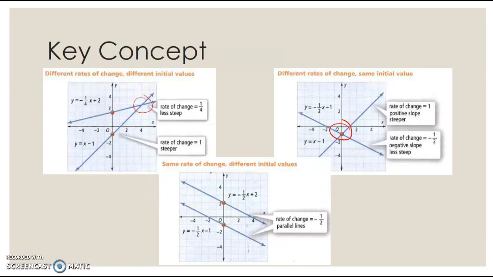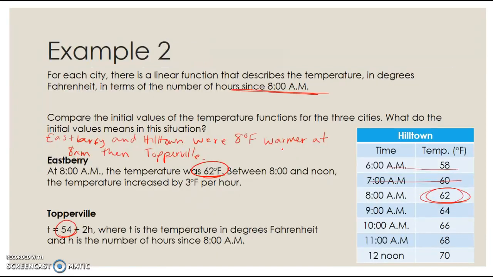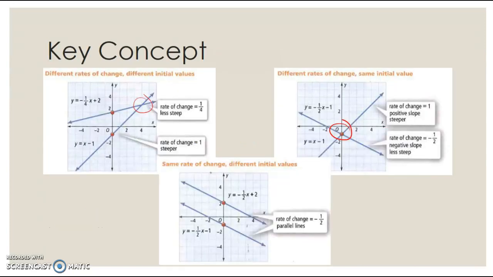So that would be like our Eastbury and Hilltown. If we were to graph these, they would both start at the same place, but they would have different rates of change. And then if they have the same rate of change and different initial values, then we would have what we call parallel lines, which means they will never touch.